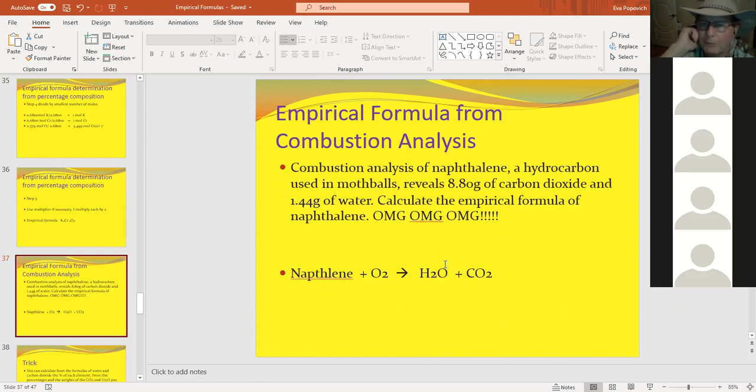I need numbers from you, Jackson. How am I going to get the carbon from the 8.80 grams of carbon dioxide? Can you figure out the percentage of carbon that's in every CO2 molecule, Jackson?